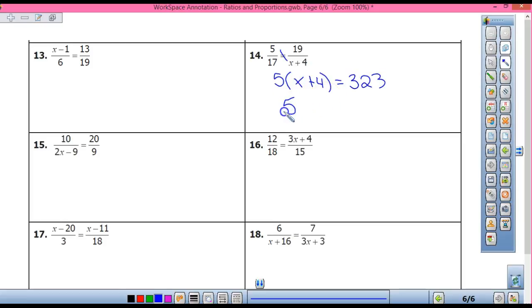Distribute. So 5x plus 20 equals 323. 5x equals 303. X equals 60 point what? 6.